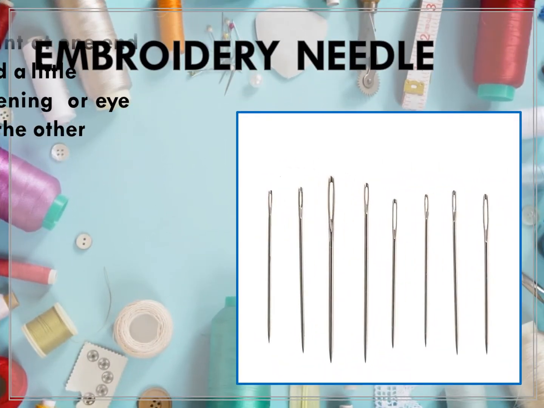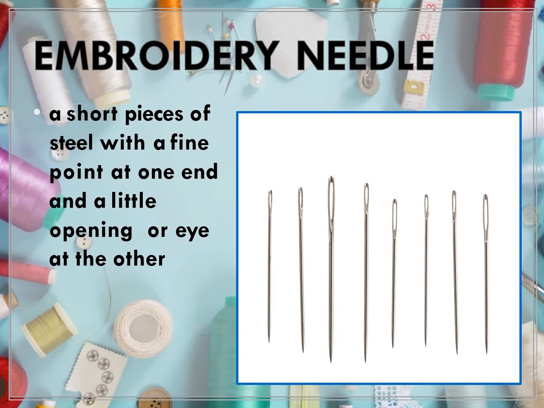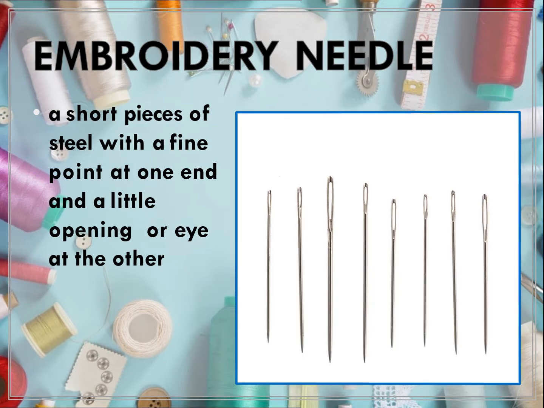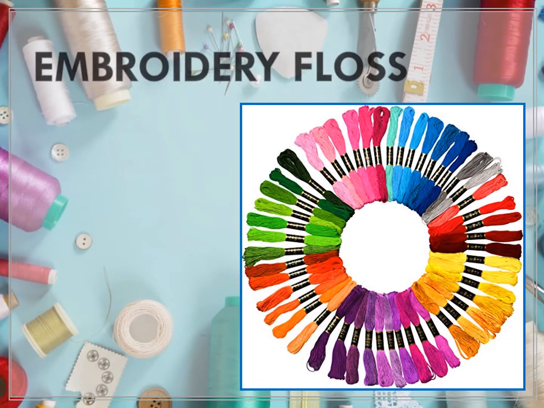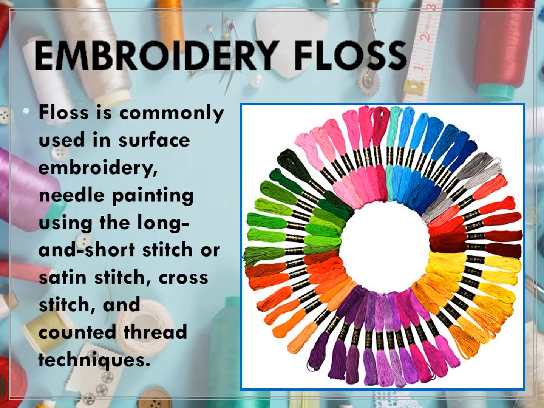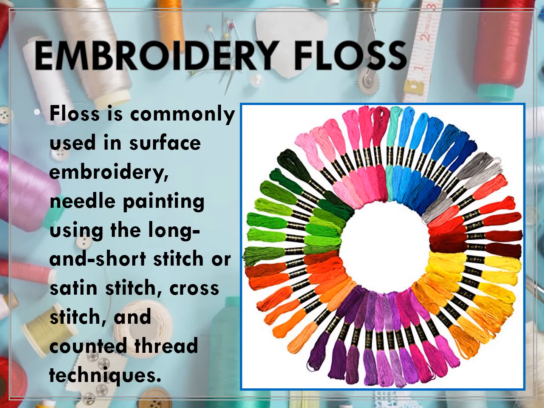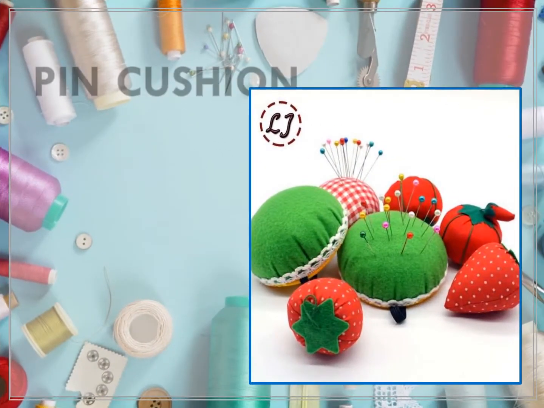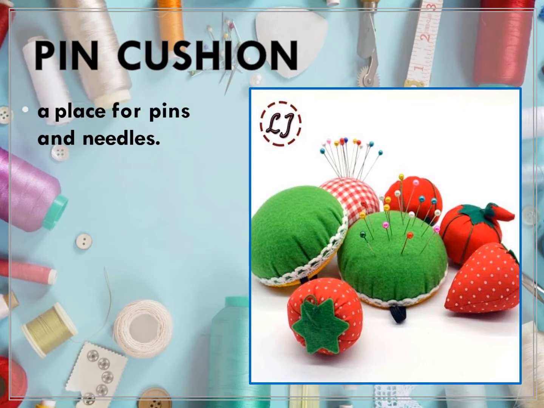Embroidery needle. It is a short piece of steel with a fine point at one end and a little opening or eye at the other. Embroidery floss. Floss is commonly used in surface embroidery, needle painting using a long and short stitch or satin stitch, cross stitch, and counted thread techniques. Pin cushion. A place for pins and needles.